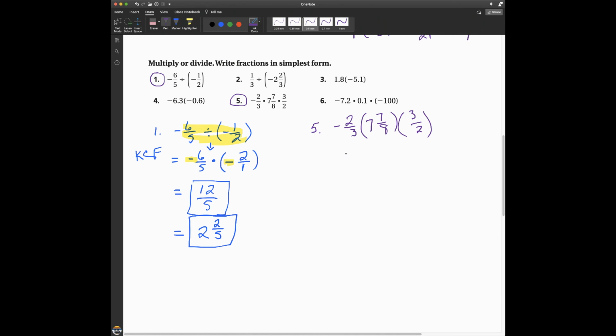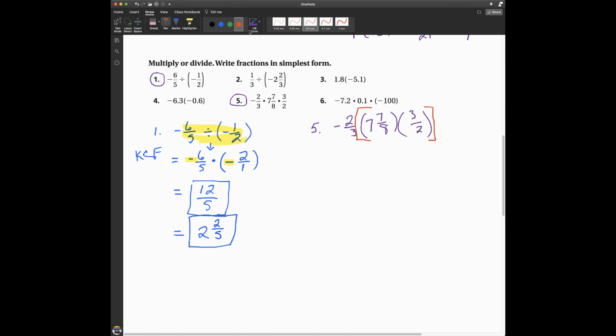Anyway, if we really look at this and we remember some of the things we learned last year in 6th grade, we know that when we multiply numbers, fractions, decimals, if we multiply more than 2 of them together, it doesn't matter what order I multiply them in. So I'm going to focus on these two first.